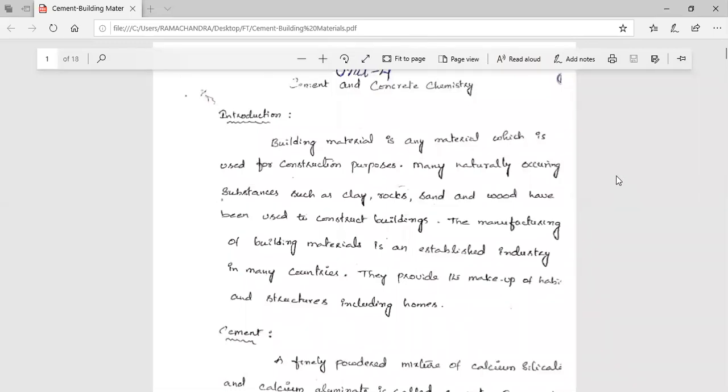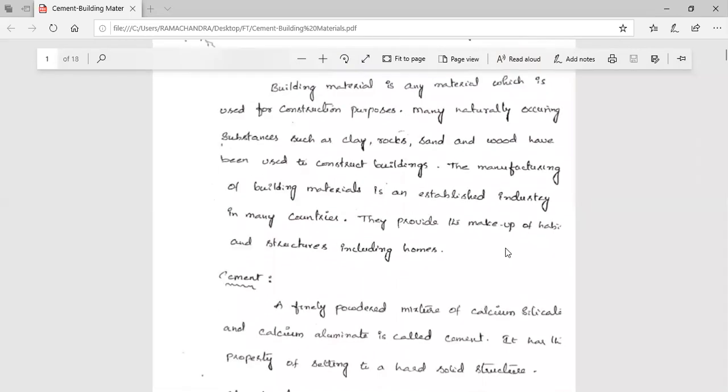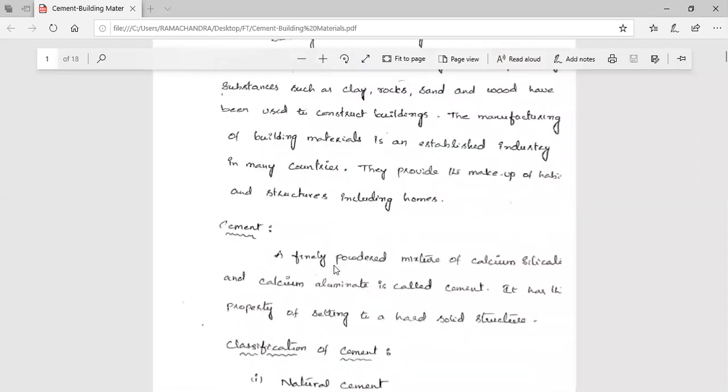So generally, the finely powdered mixture of calcium silicate and calcium aluminate is called cement. What is meant by cement? This finely powdered mixture of calcium silicate and calcium aluminate is known as cement.